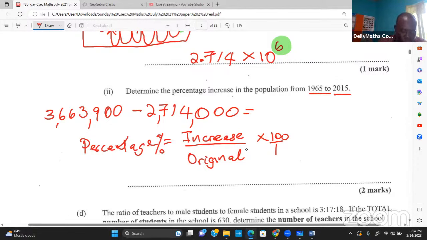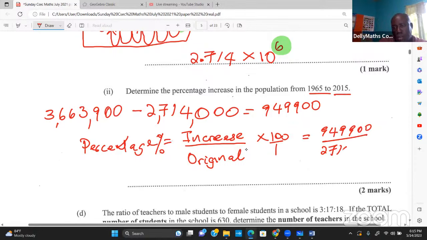3,663,900 minus 2,714,123. All right, so the increase is actually 949,900. So it's going to be 949,900 over the original, 2,714,123. Multiply this by 100. So it's your increase over the original times 100.